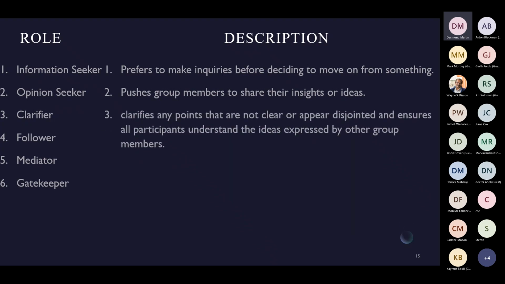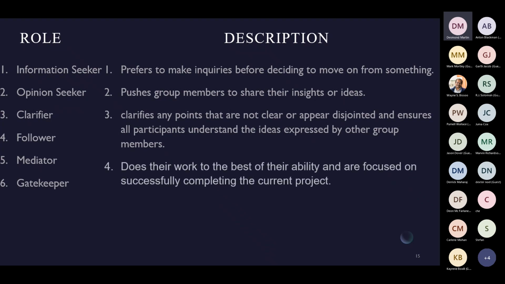The clarifier clarifies any points that are not clear or appear disjointed and ensures all participants understand the ideas expressed by other group members. The mediator does their work to the best of their ability and is focused on successfully completing the current project.